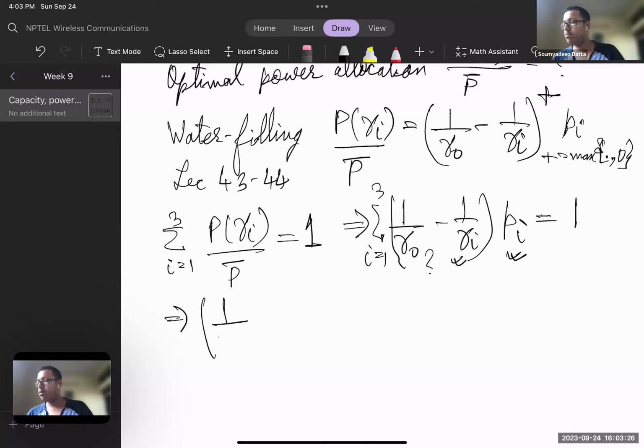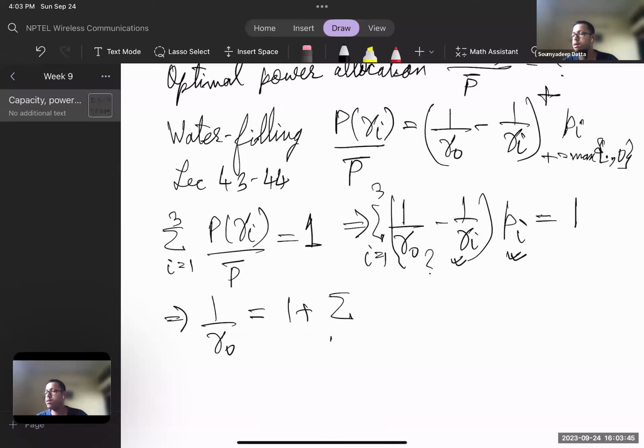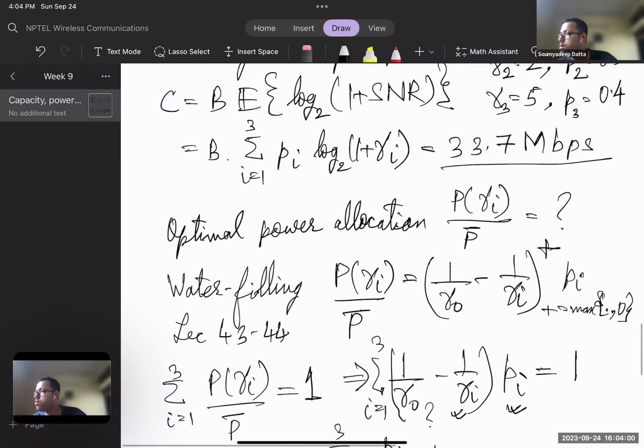So if we just break it up, 1 by gamma naught, summation over all pi is 1. So if I take the first term out, then it will be just 1 by gamma naught on one side, and on the right hand side, I'll have 1 plus summation i equal to 1 to 3 of pi divided by gamma i. So what will this come out to be?